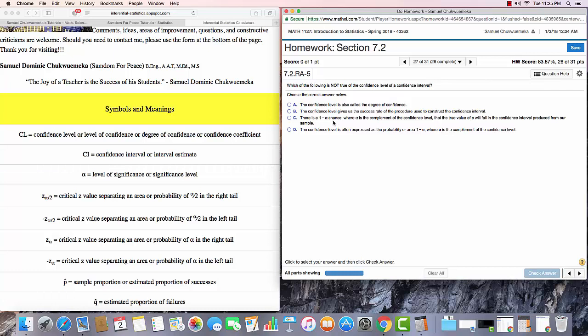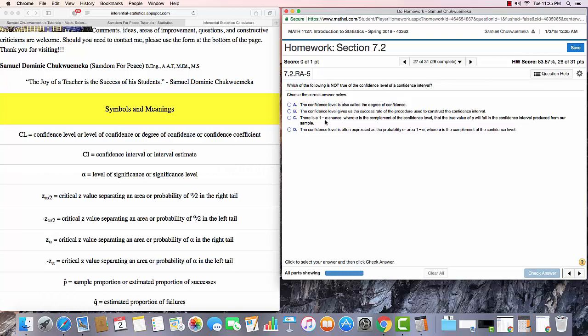Okay, my only concern is we are 95, we are confident. I know 1 minus alpha is the confidence level, but we don't say it as chance. We don't say it like that, no.